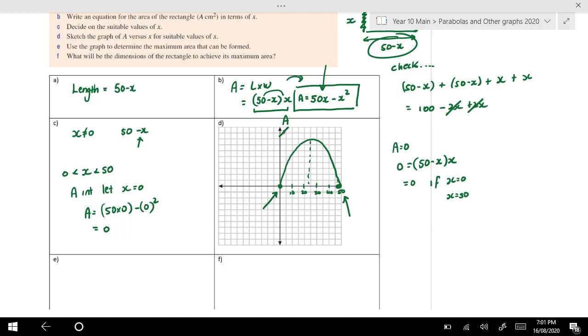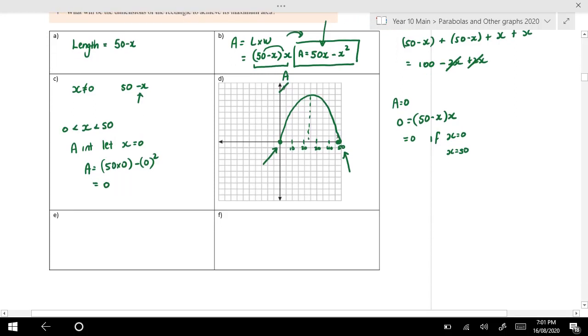Use the graph to determine the maximum area that can be formed. So that's going to be at this turning point. That's going to be halfway, which you can see when x is equal to 25. Halfway, let's find out what the area is equal to. Let's sub it into our factorized form, into this guy over here.